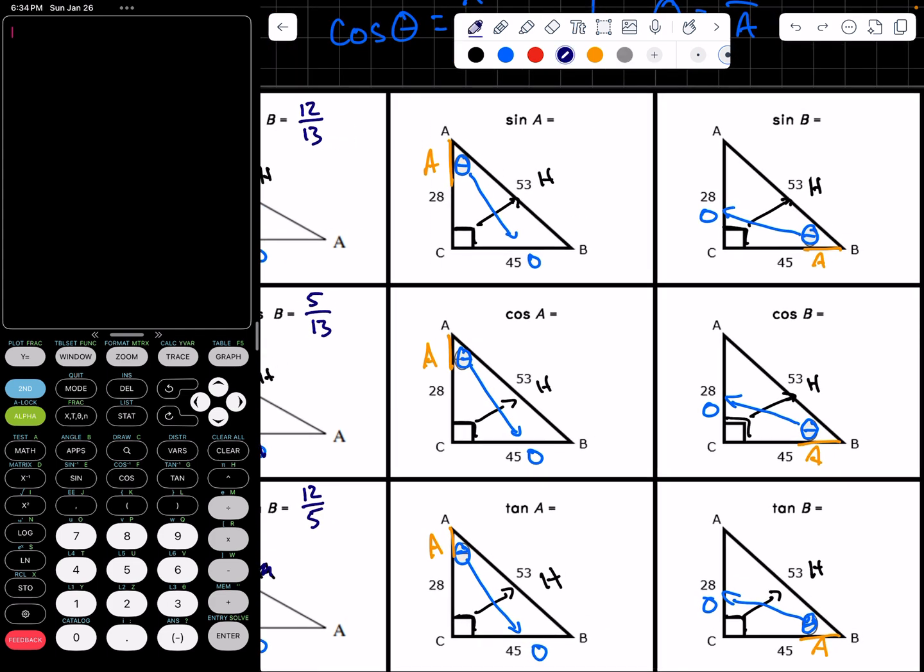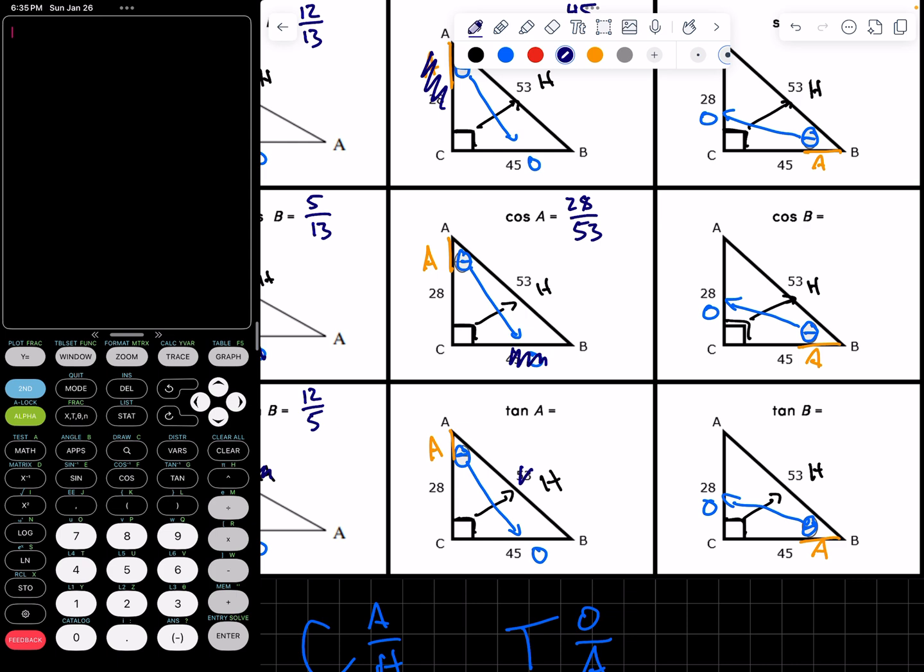So again, sine, so I don't care about my adjacent. It's going to be opposite 45 over my hypotenuse 53. Cosine is going to be adjacent over hypotenuse 53. And then tangent is going to be opposite 45 over adjacent 28.